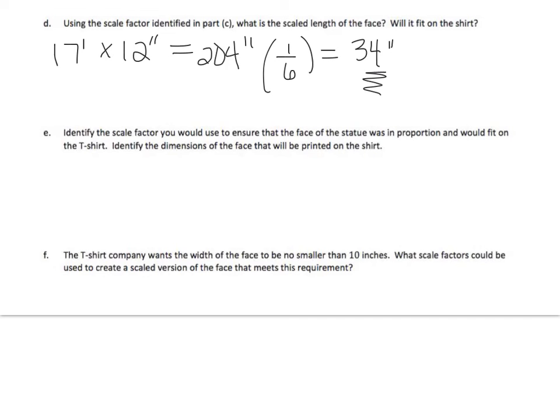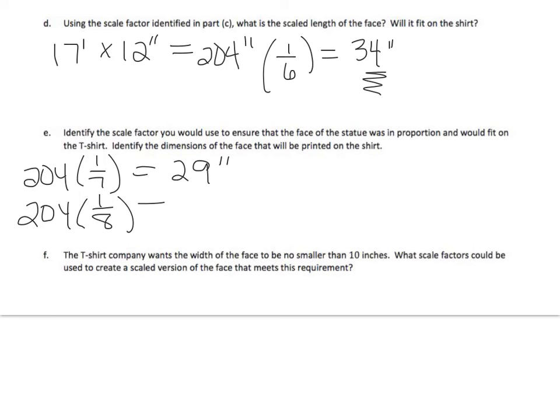So a scale factor of 1/6 didn't work. If we scaled by 1/7, that gives us 29 inches. Not quite good. Let's try 1/8. Oops. I don't have my good pen with me today, so I'm struggling.